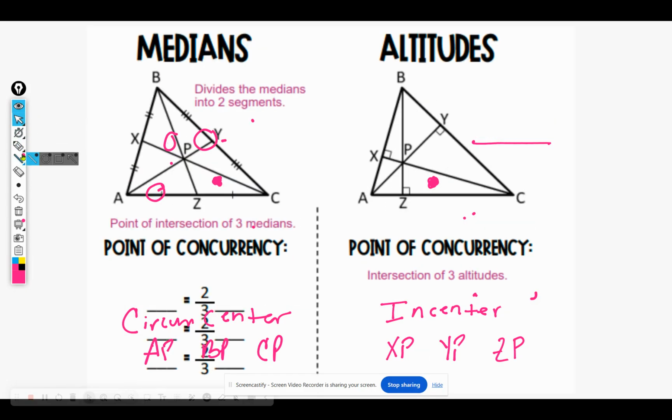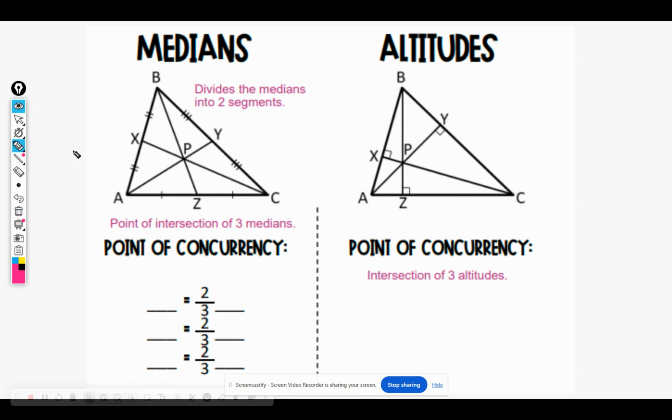All right, medians. What we know about the medians is that they divide into two segments. The point of intersection of the three medians is this point here, right there at point P, and that is called the centroid.